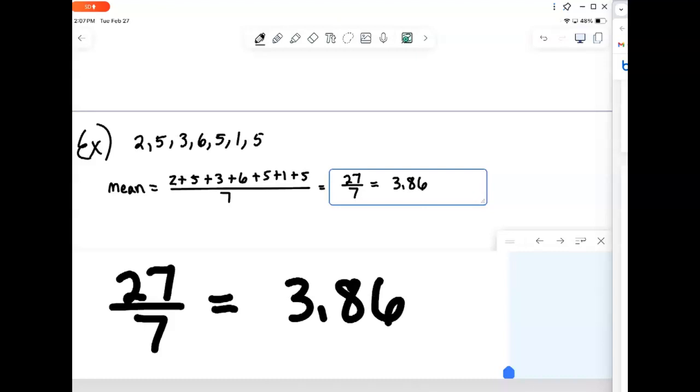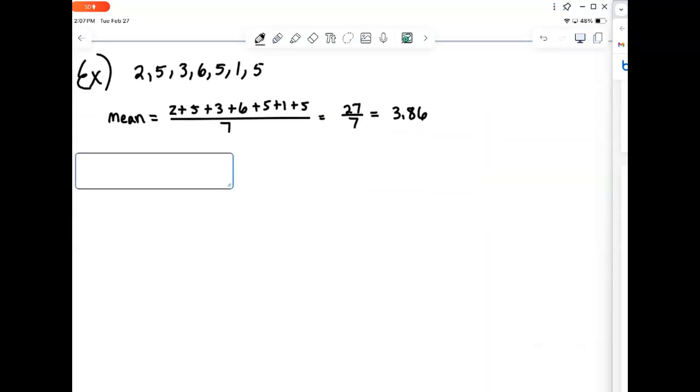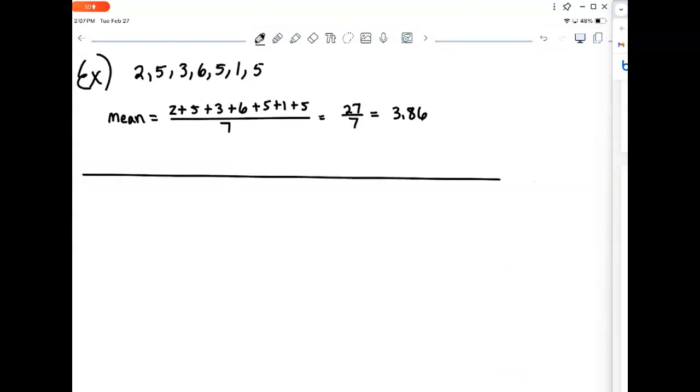So this time our mean is a little ugly, and that's going to happen sometimes, in fact a lot of times, unless you get really lucky on some of your problems. And we're just going to make our chart to compute steps 2, 3, and 4.